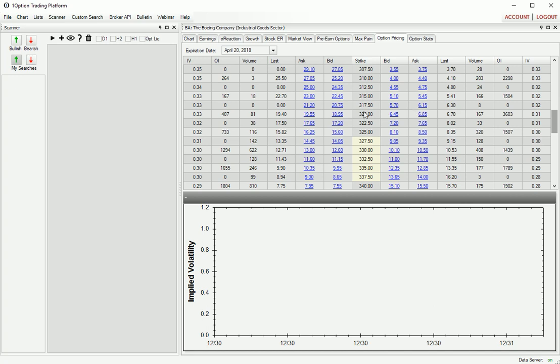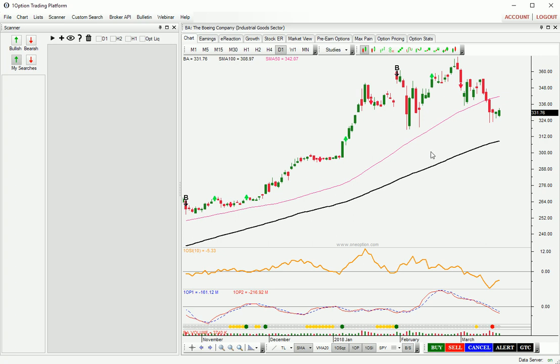But on a 2.5 point spread, I put up 250 minus 60. I've got to put $1.90 up to make 60 cents. That's still an excellent return. That is probably about a 28% return, and that's in a matter of 3 weeks.